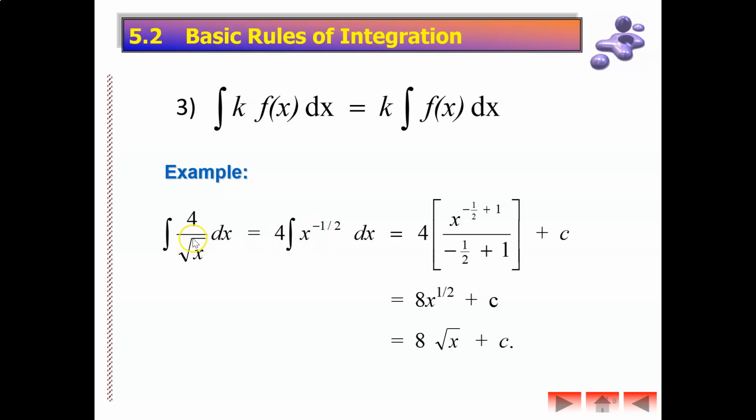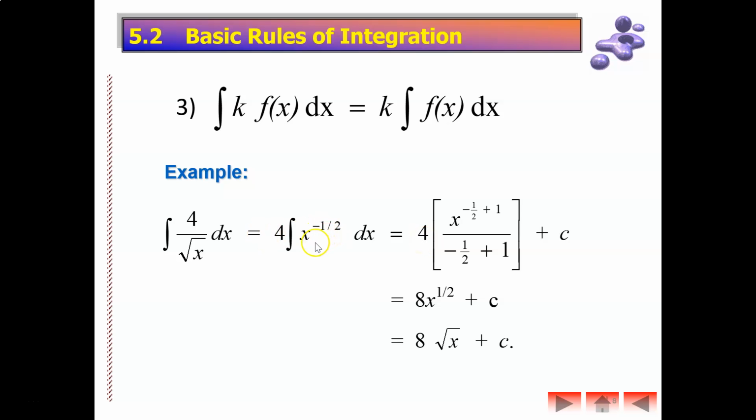Because it is 1 over root x. So all you need to do is integrate this one, and the 4 remains 4 on the outside.